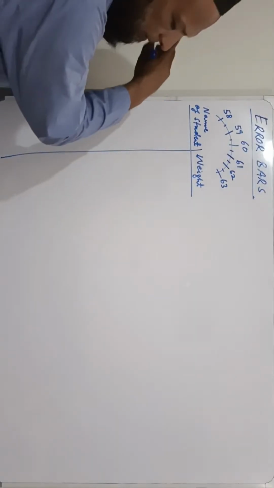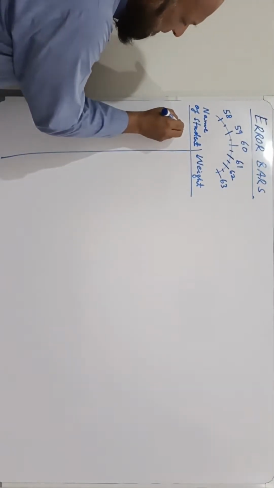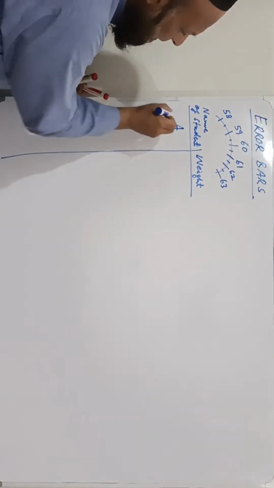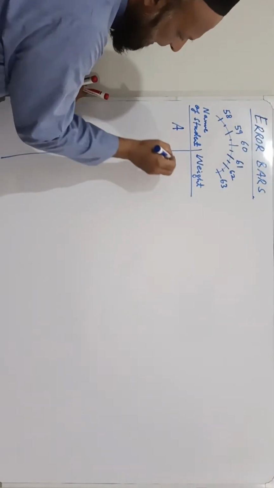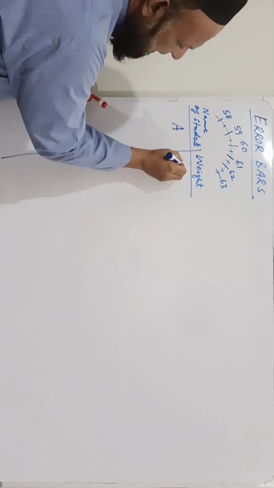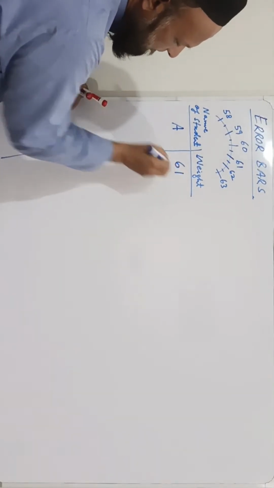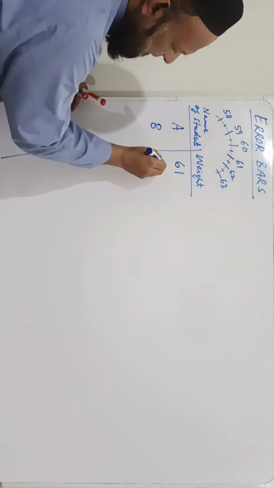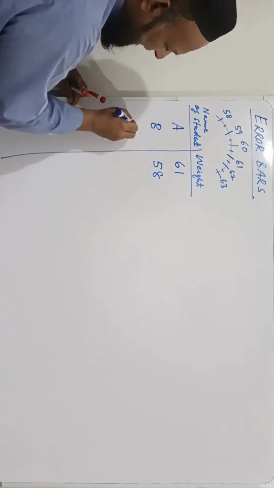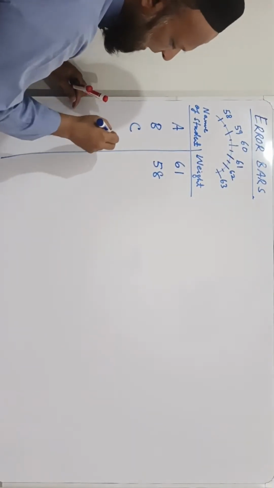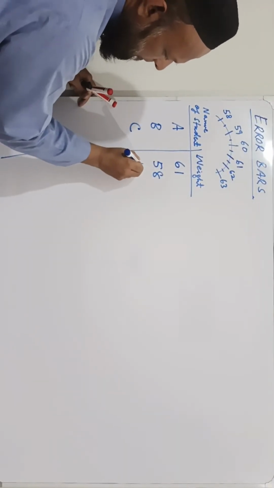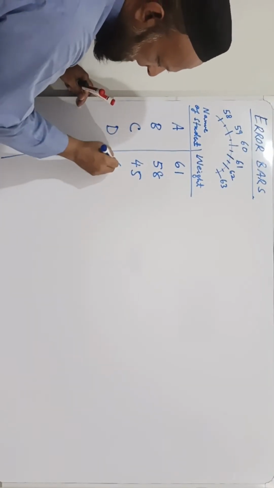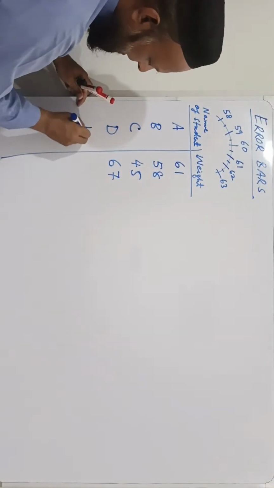For example, we have a student number, say name of the student is A, his weight is say 61. Student number B's weight is 58. Student C weighs 45. D weighs 67.